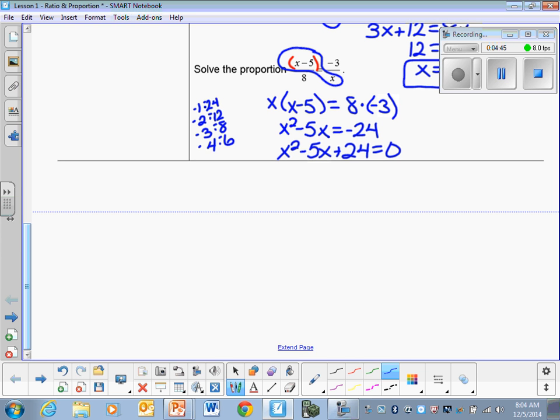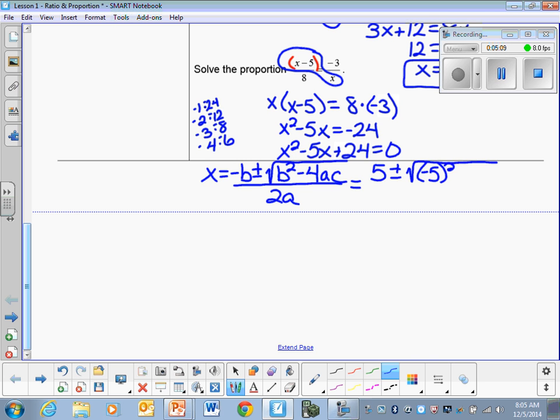If you can't factor the quadratic, then you have to use the quadratic formula. So x equals negative b plus or minus square root b squared minus 4ac, divide all by 2a. That's going to be negative negative 5 is 5, plus or minus the square root of negative 5 squared minus 4 times 1 times positive 24. Make sure that radical goes over the entire expression, divided by 2 times 1.